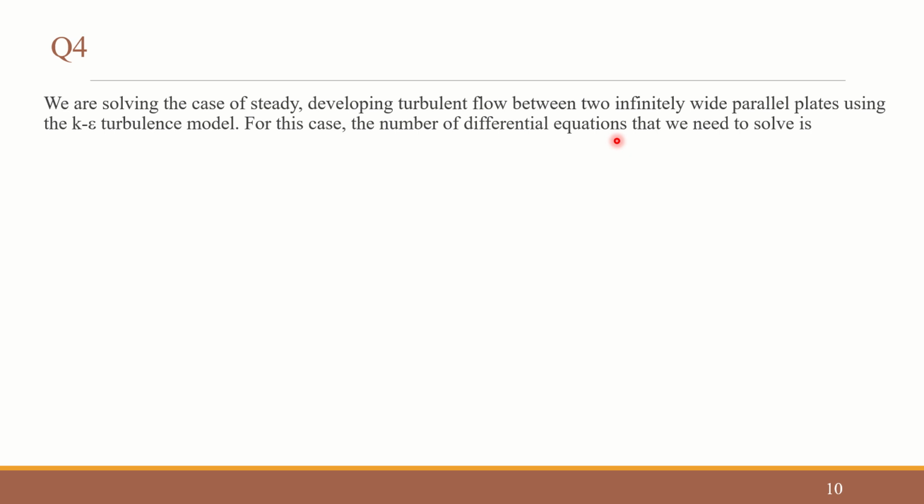We have seen this in the earlier classes, and we know that we will be solving one continuity equation and three momentum conservation equations in the pipe flow, in x, y and z, or r, theta, z depending on the coordinates. But we will have to solve four partial differential equations.